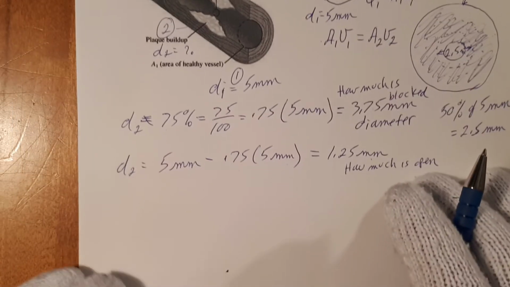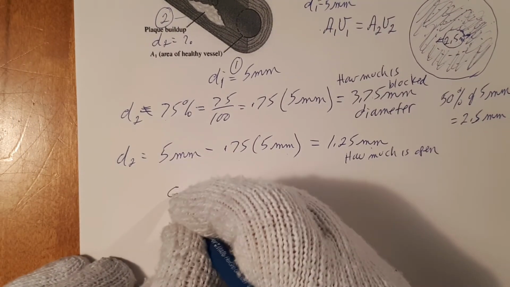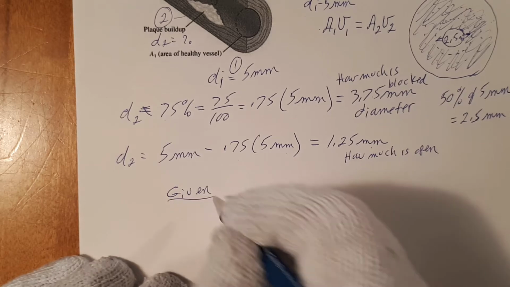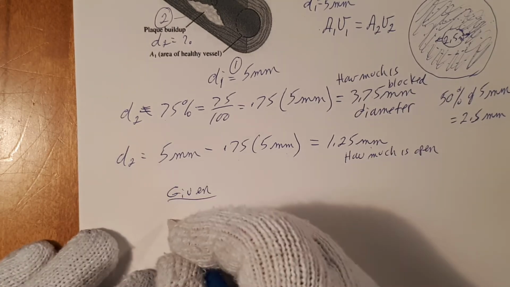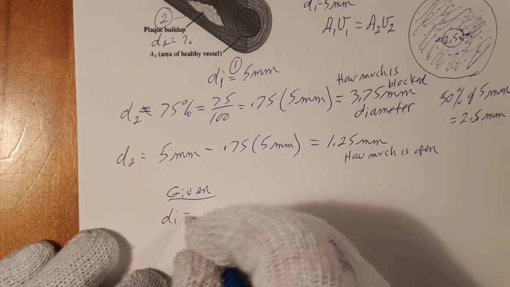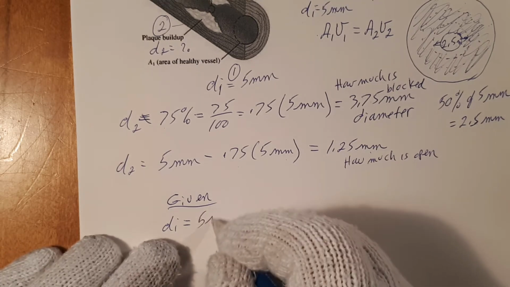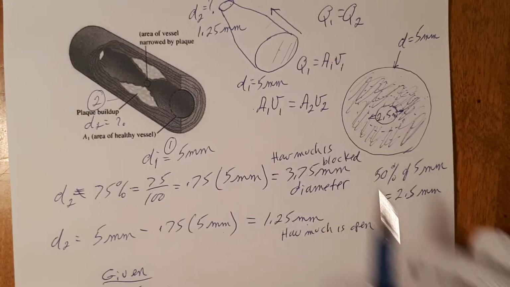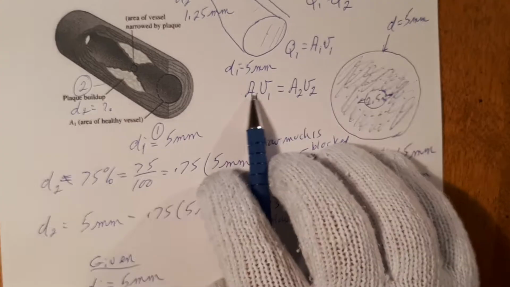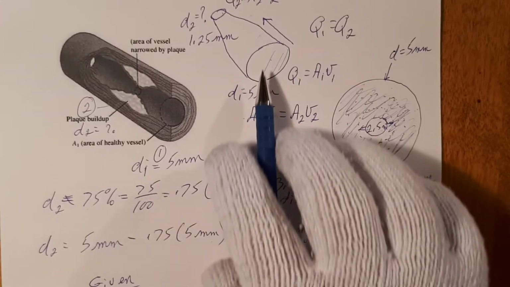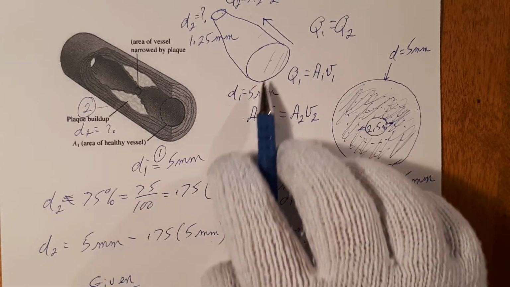And let's make a list of what is given. We know D1, diameter 1, is equal to 5 millimeters. But in our equation, the continuity, we need to know the areas. That's a circle, and the area of a circle is pi r squared.